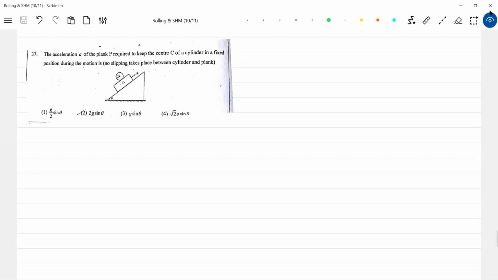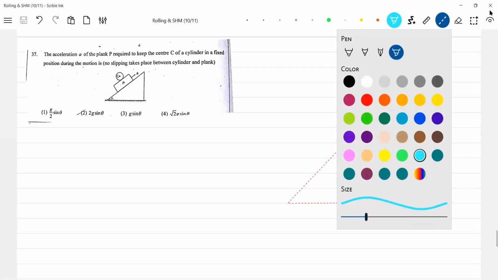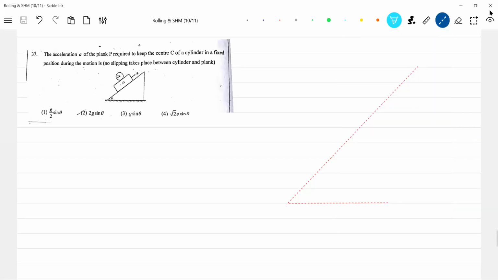The inclined plane is a fixed one. I think it's there in most of the books. Yeah, this sphere.